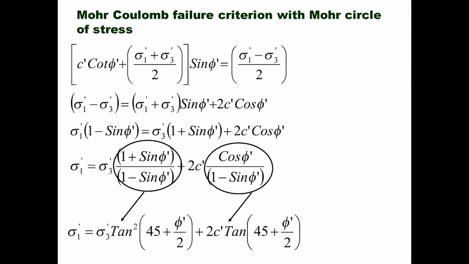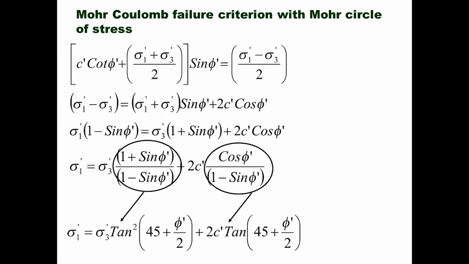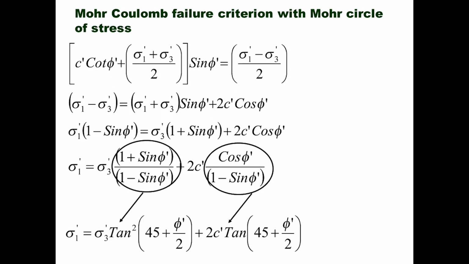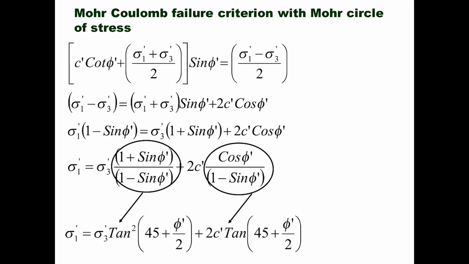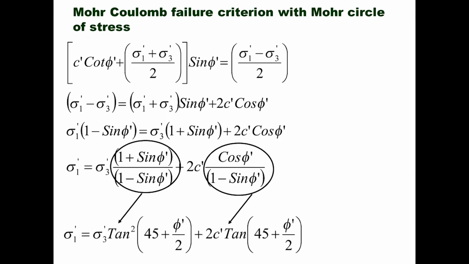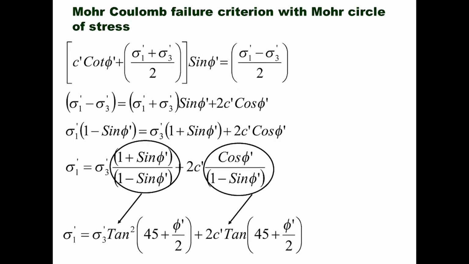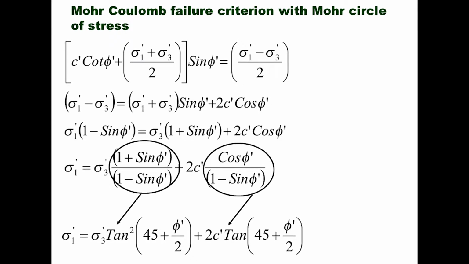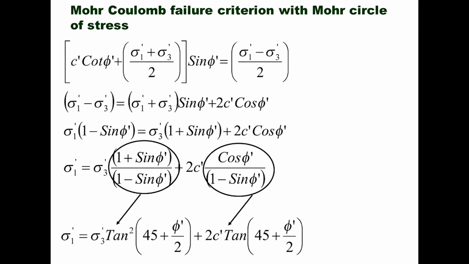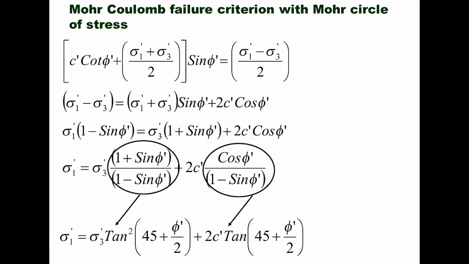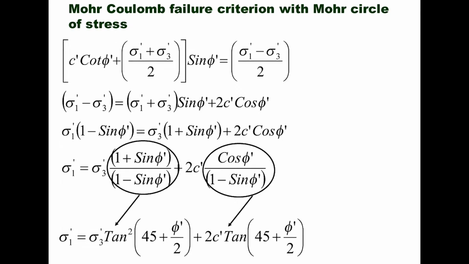If you simplify this, sigma 1 dash is equal to sigma 3 dash tan squared of 45 plus phi dash by 2, plus 2C dash tan of 45 plus phi dash by 2.